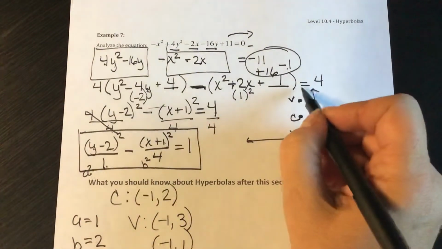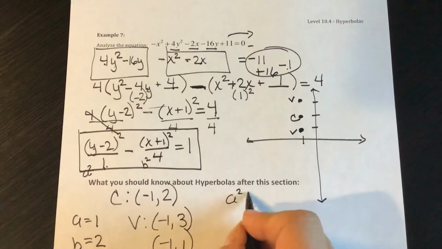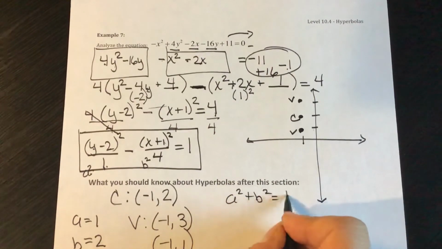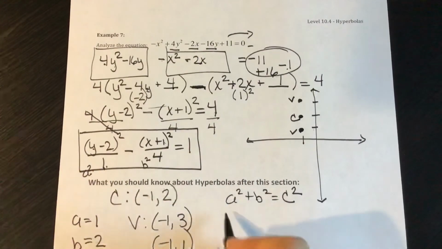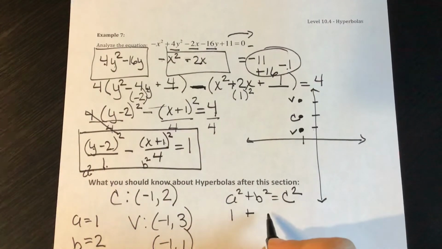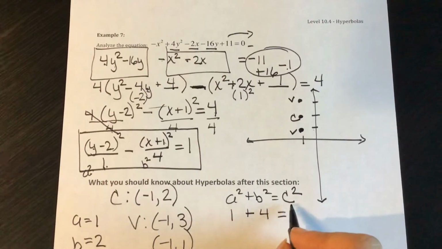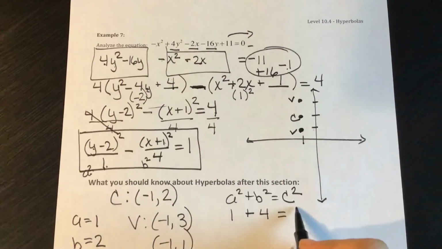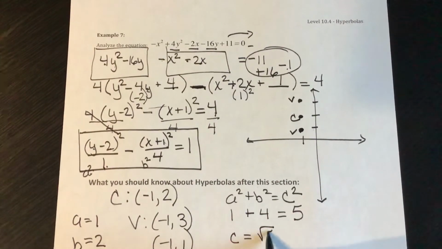And my foci are going to come from the equation a squared plus b squared equals c squared. So a squared is 1. B squared is 4, so c squared is going to be 5. So my c value is going to be the square root of 5.